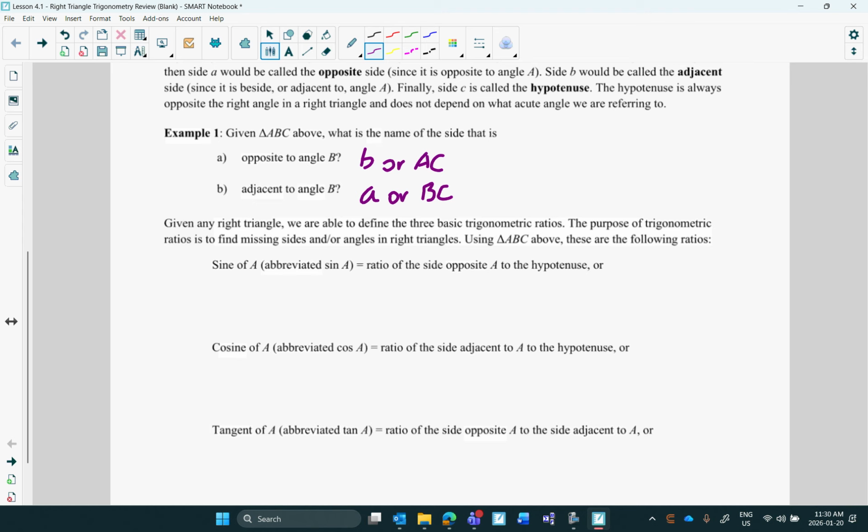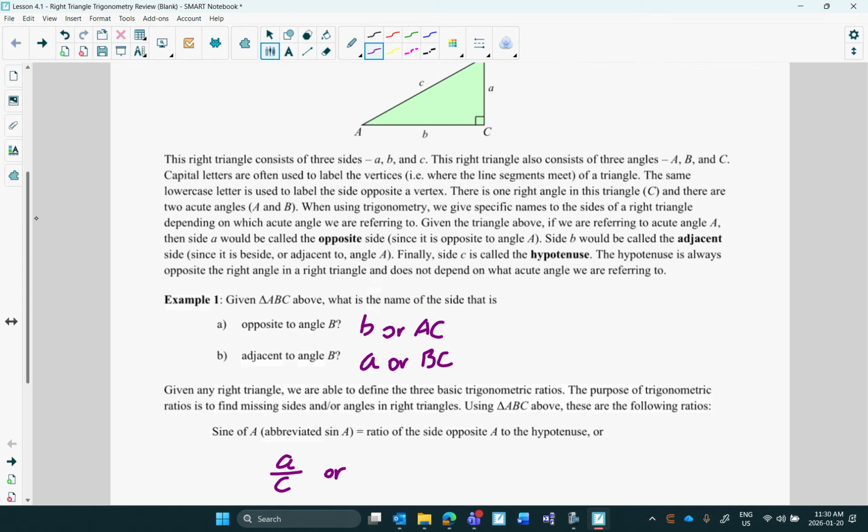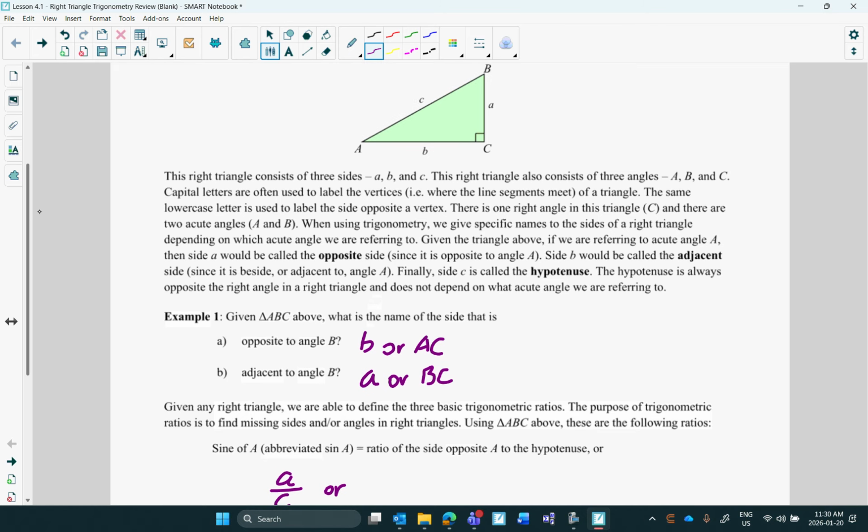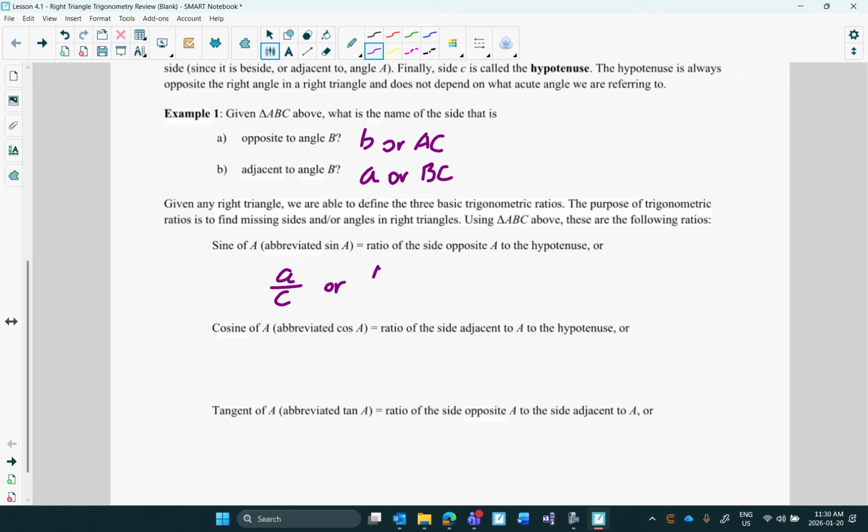So if we're referring to angle A, and if we want to find the sine of angle A, that is the ratio of the side opposite angle A to the hypotenuse, or we could say, using the triangle above, it would be little a over little c. Or if you're going to use capital letters, BC over AB. Either one's fine.